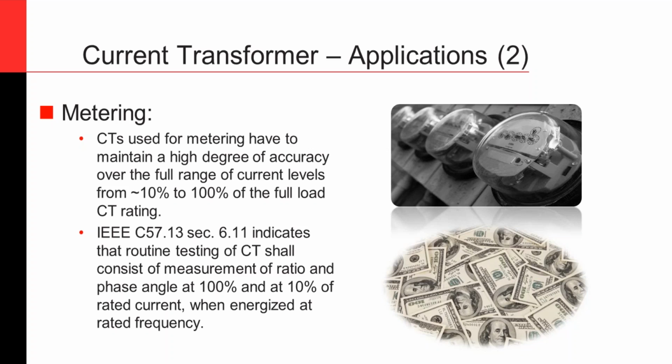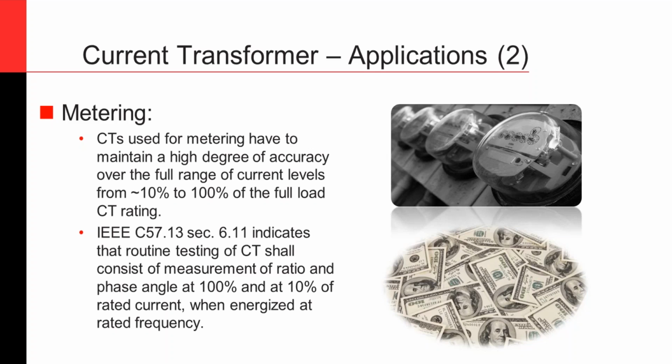So when you have that kind of a CT, what do you expect from it? You want a high degree of accuracy, anywhere between about 10% to 100% of rated current. So you want your metering CT to be very, very accurate.